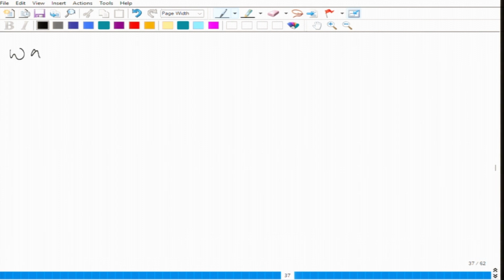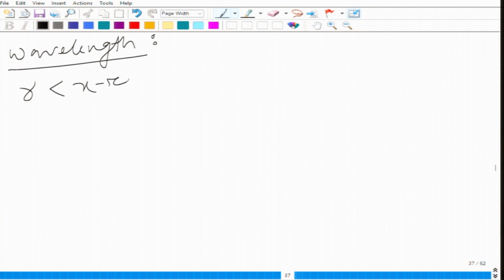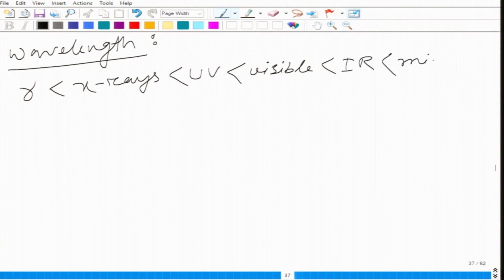According to wavelength, if we arrange the electromagnetic spectrum, gamma rays are the shortest, then X-rays, then UV, then visible, then IR, then microwave, then radio waves.